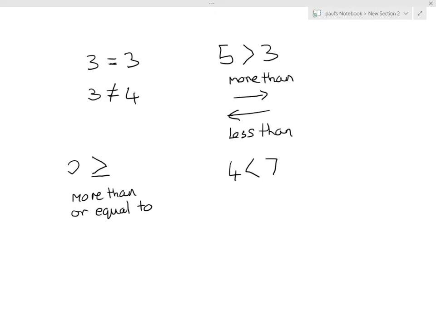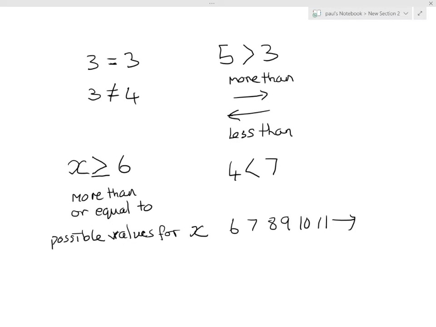So x is more than or equal to 6. Therefore, possible values for x are, it could be 6 because it could be equal to 6, or 7, or 8, or 9, or 10, or 11, and so on and so forth forever.